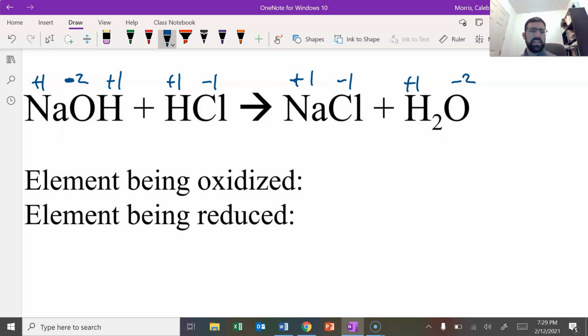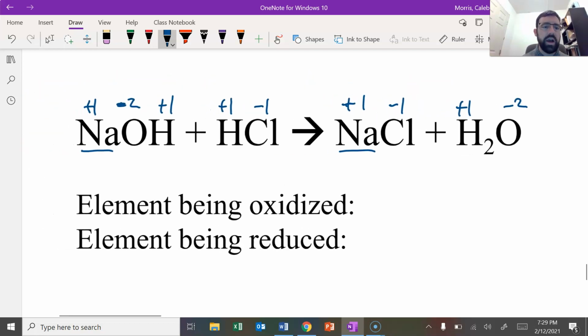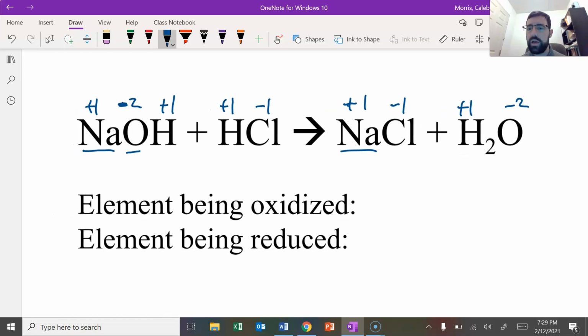Now I see that sodium went from +1 to +1. That's not a change. I see that oxygen went from -2 to -2. That's not a change. Hydrogen is +1 everywhere. Chlorine is -1. Well, this is weird. I hope that you see that nothing is changing. Nothing is being oxidized.